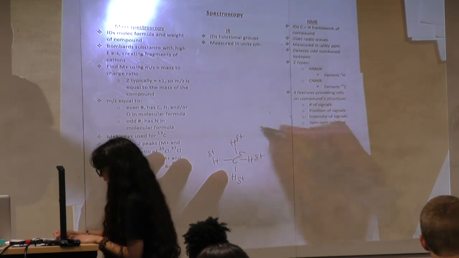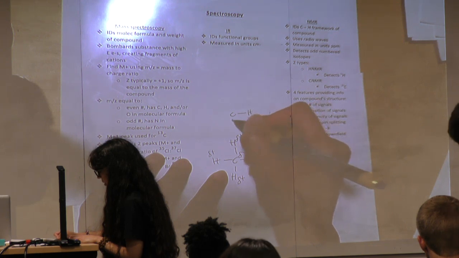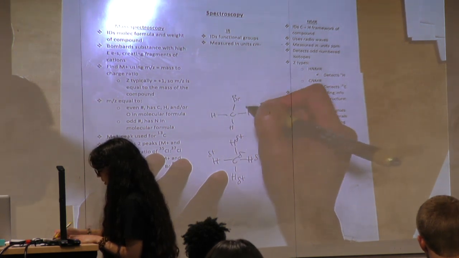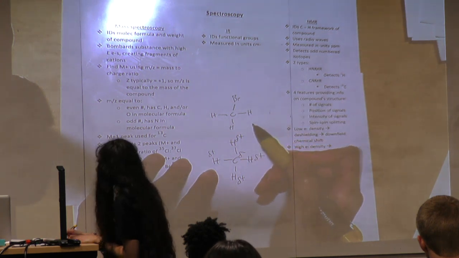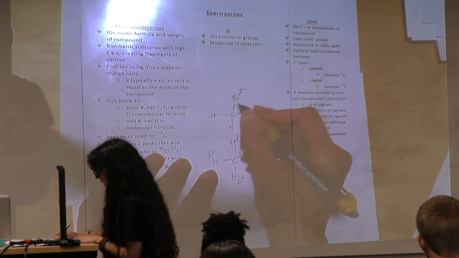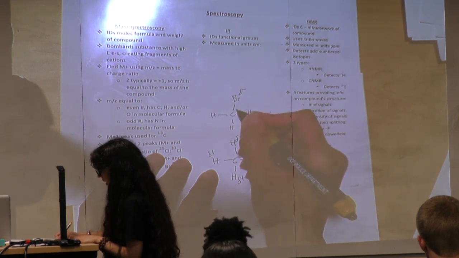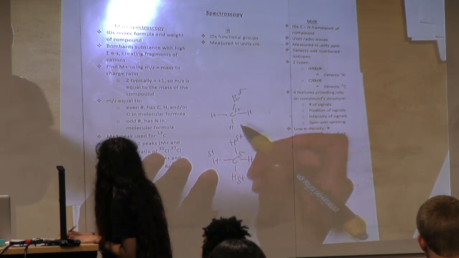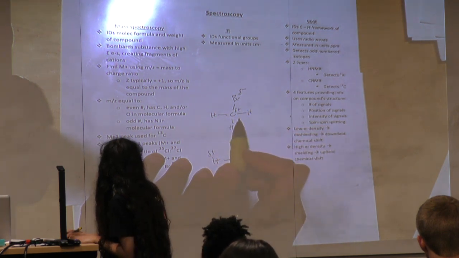If you had something like carbon, hydrogen, hydrogen, hydrogen, but then you had a bromine over here, what's your most electronegative atom? Bromine, perfect. So you have bromine, it's really electronegative. That's causing your carbon to be partially positive now because bromine is really, really electronegative. So this is going to be shielded or de-shielded?